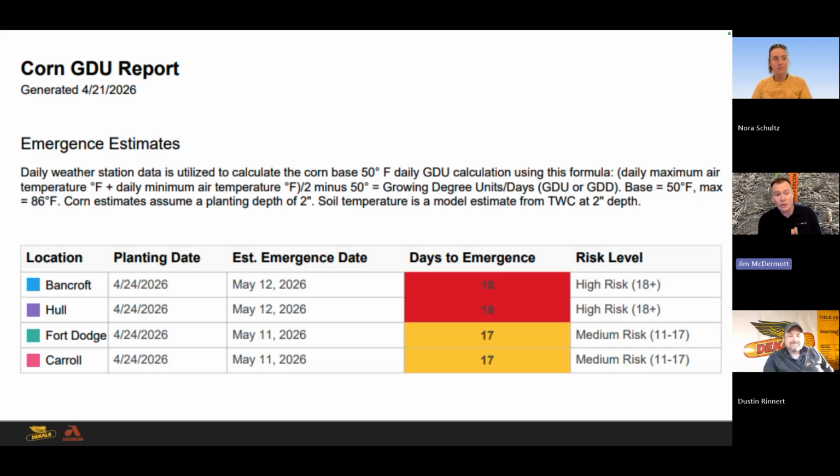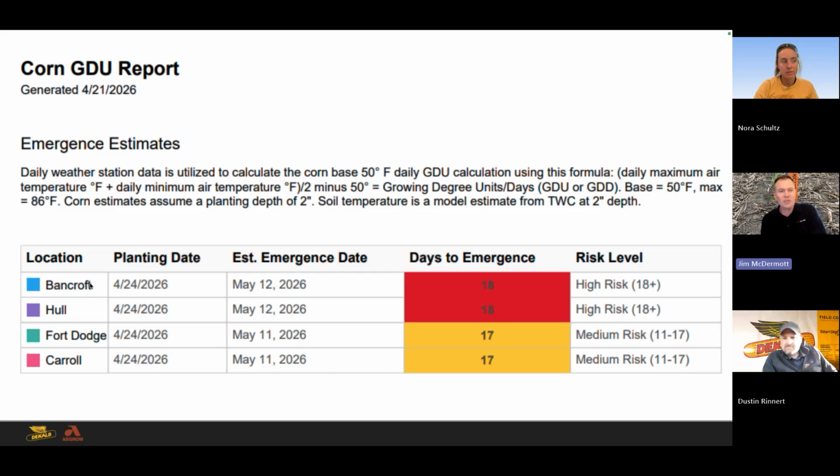Running it this morning, it was basically saying the same thing as what you see on the screen, which is for the 24th of April, which would be Friday. So we're getting a lot of high risk categories for emergence, albeit just barely in the high risk. 18 days triggers the high risk category.